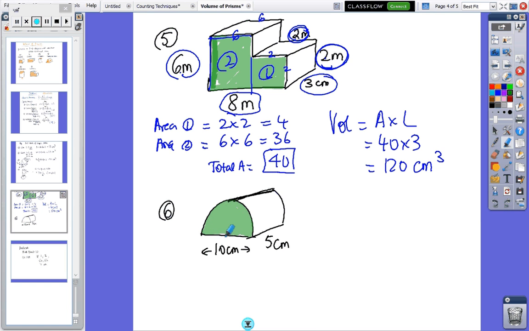Okay, now in the next one, that's the shape that doesn't change. And what's that shape called? It's called a half of a circle. So the area is a half of a circle, and a circle is pi times radius squared. Now the diameter is 10, so half of that is 5.